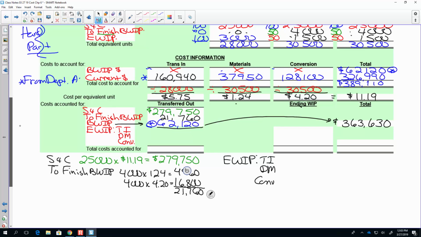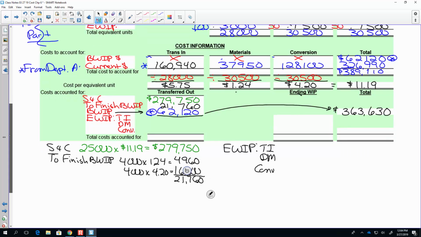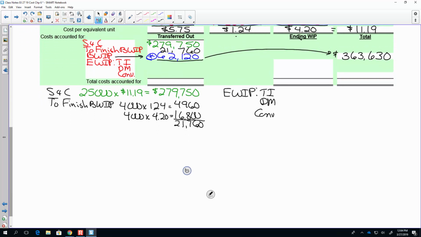So we had 3,000 times 575, 1,500 times $1.24, 1,500 times 420. And that will finish it up.